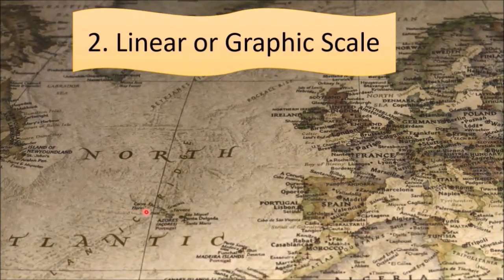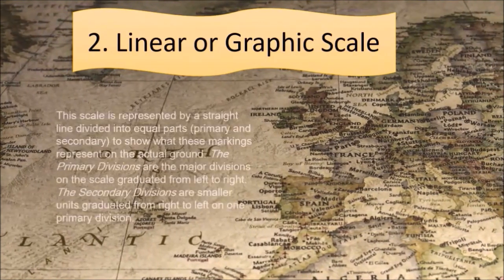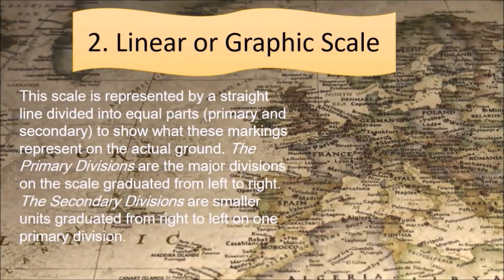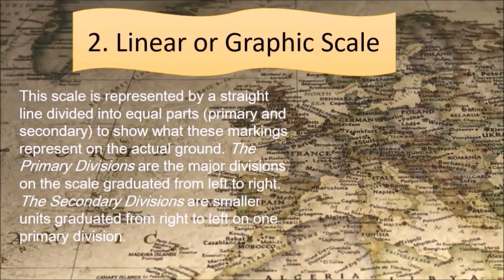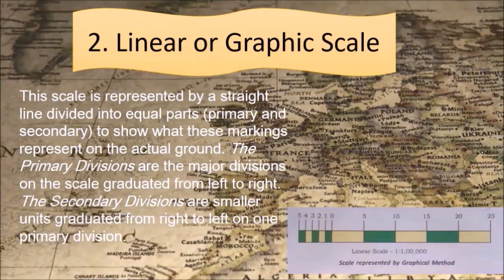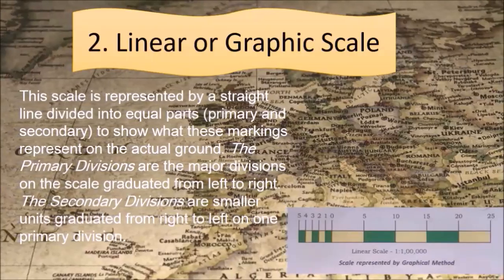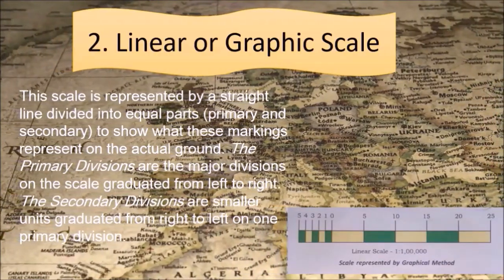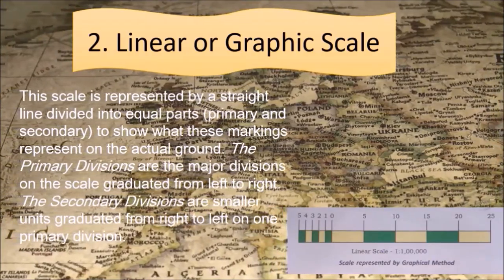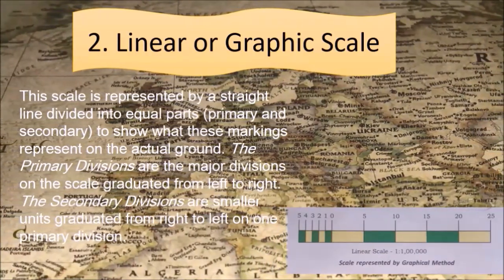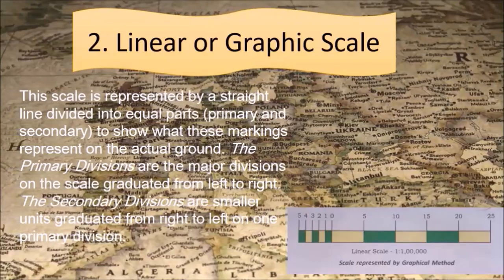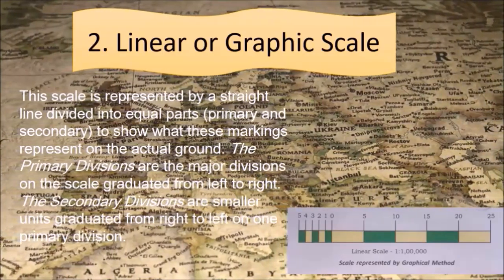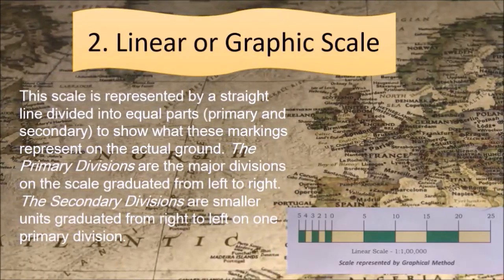Second, linear or graphic scale. The scale is represented by a straight line divided into equal parts, primary and secondary, to show what these markings represent on the actual ground. The primary divisions are the major divisions on the scale graduated from left to right.